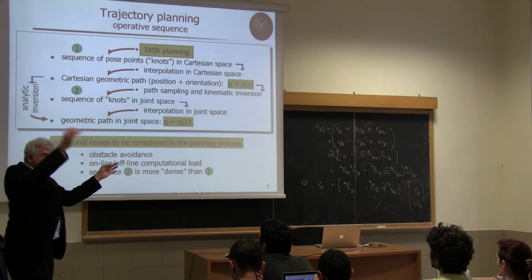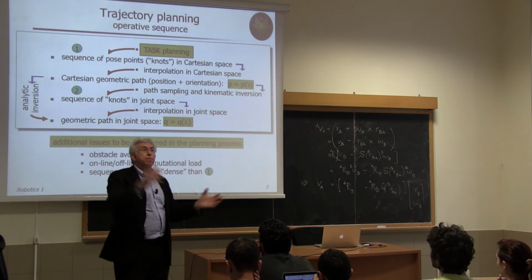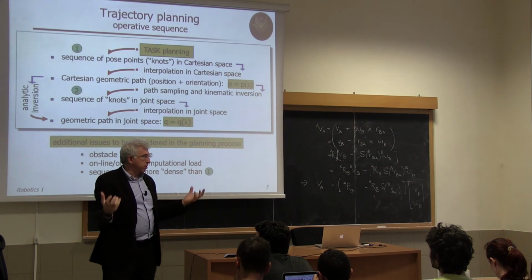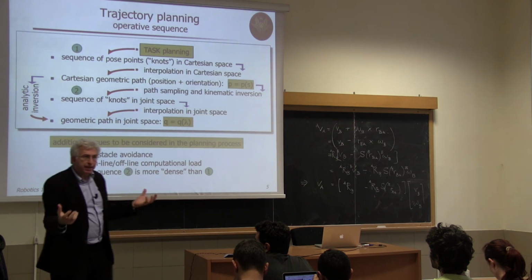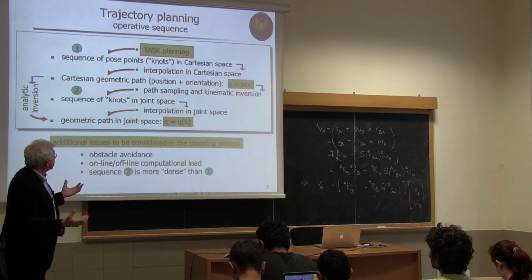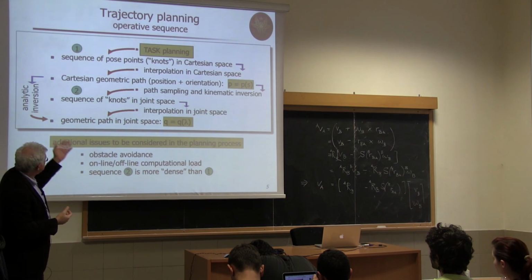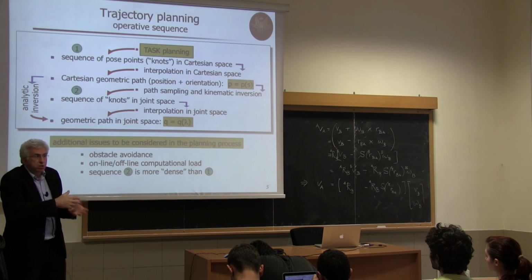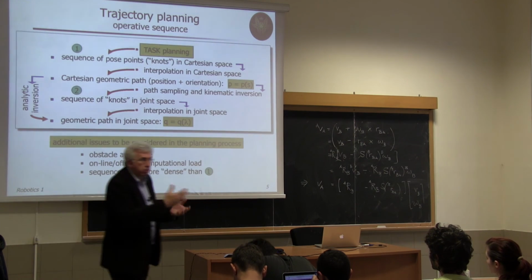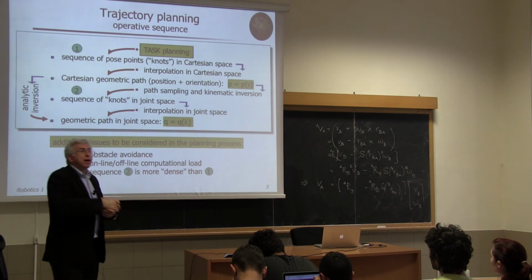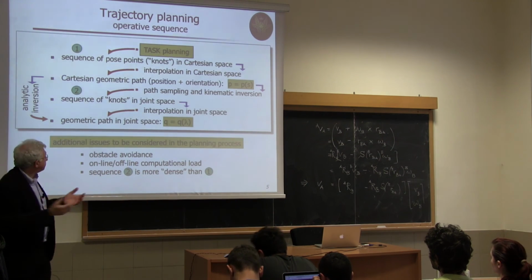Now, from these few knots, you can generate a continuous interpolating path, okay, in the Cartesian space itself. So you will end up with a Cartesian geometric path which consists of position and or orientation components parameterized by S. Okay?